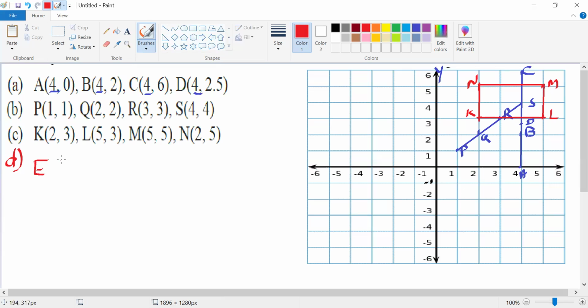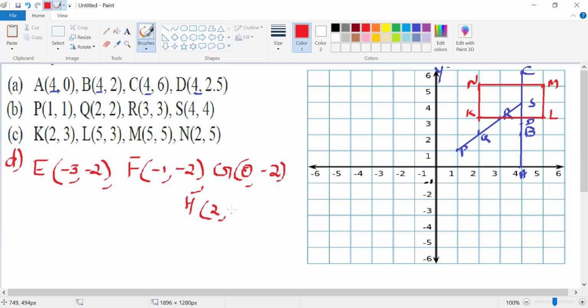E -3, -2. F -1, -2. G 0, -2. H 2, -2. Now let us see. E is -3, -2.